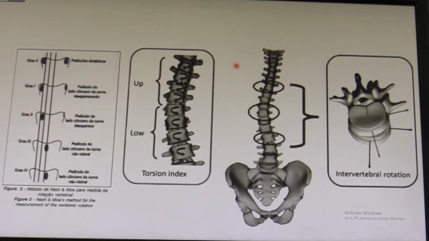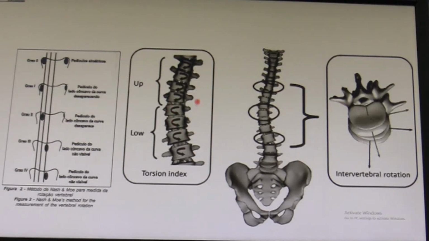As we can see here, the vertebral unit with the arrows rotates around its axis. You can see how the vertebrae rotate in the upper ones on this side and how the vertebrae in the lower ones rotate on the other side.